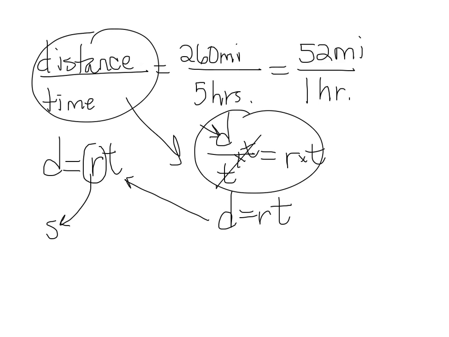Because if I go back to example B, it says that the driver thinks that the trip is going to take 8 hours. There's my time. How fast are we driving? 52 miles per hour.